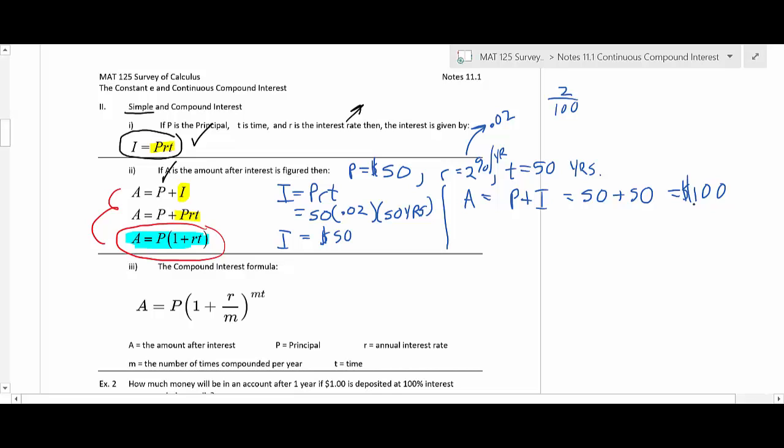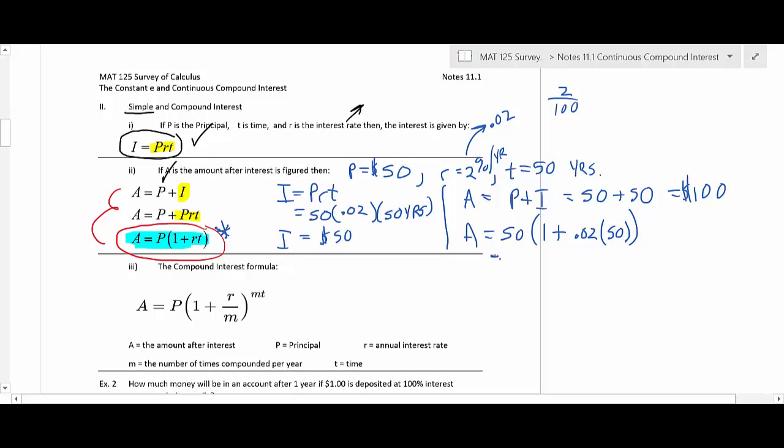Now you can also use this formula. I'm going to just have you use this formula also, and I'll show you that you get the same answer. So plug in the P, which is 50. Then you have a principal times 1 plus interest rate, which is 0.02, times time, which is 50. So if you work that out, you should get exactly the same answer.